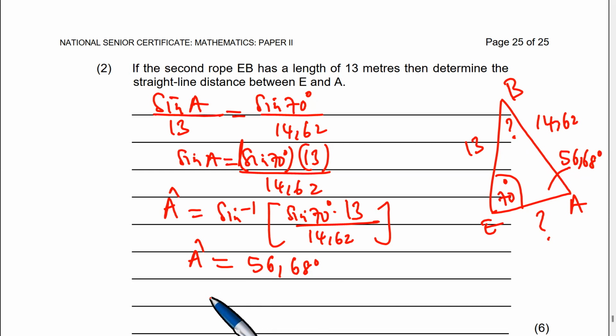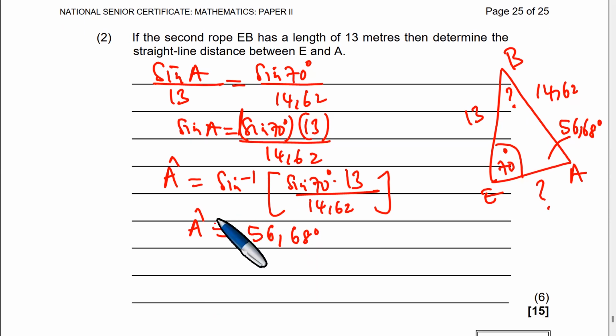Using the sum of the interior angles of a triangle, the angle B is the same as 53.32 degrees.